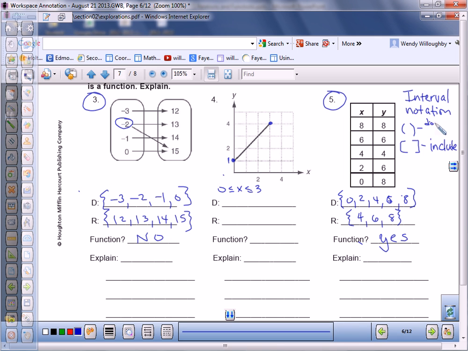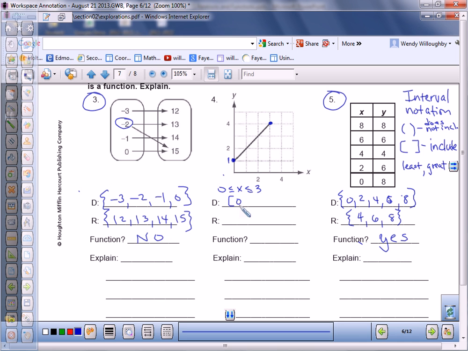So it's going to include this value here and include that value there. We would show the interval, and it always goes least to greatest. So it would go from 0 and include the 0 because we have the closed dot, all the way to 3. And this is the interval for our domain.